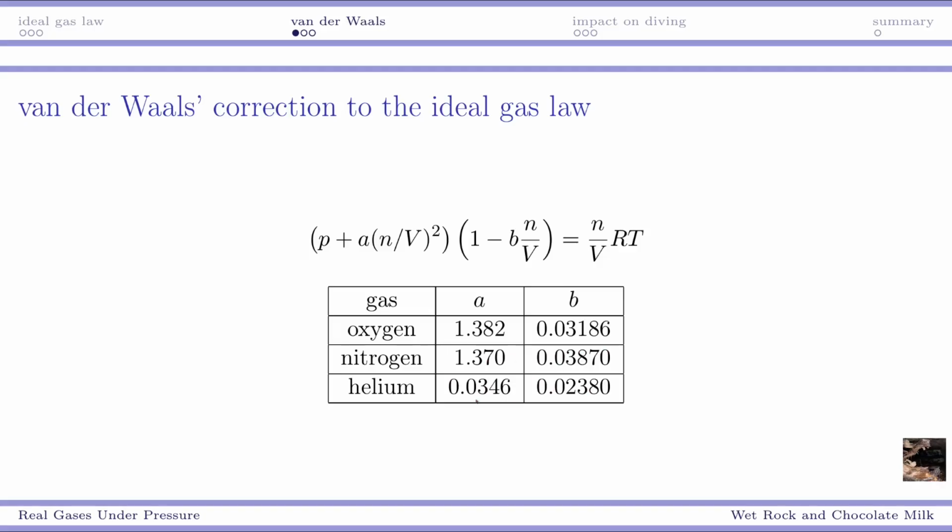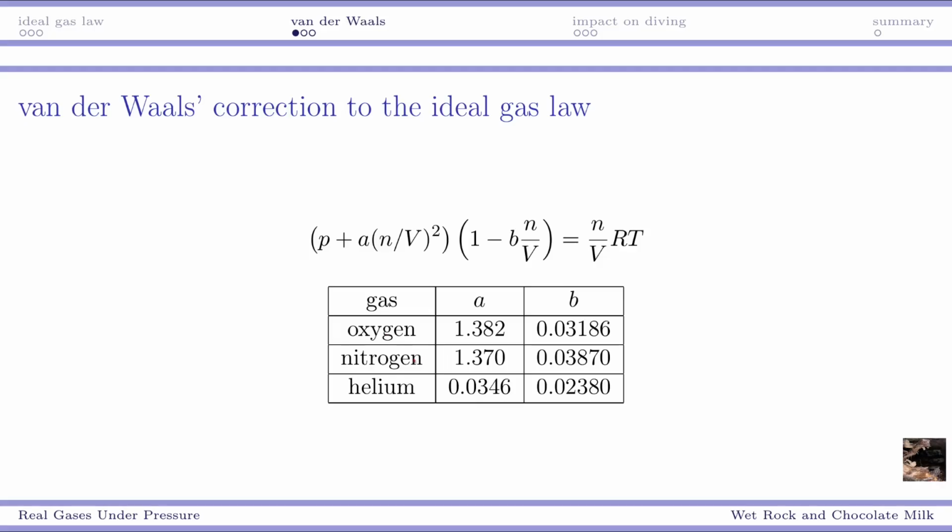Helium, significantly smaller values. And this fundamentally boils down to the fact that nitrogen and oxygen come in molecules, so they have a much bigger size, but they also have a lot more electrons floating around, which can affect the intermolecular forces much more than helium will have. So, if this is the case, well, we sometimes dive with oxygen.